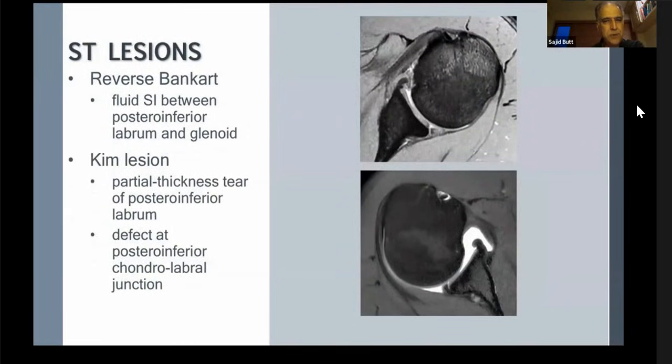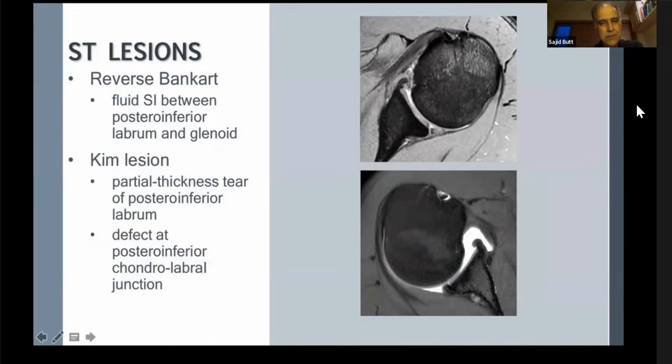In terms of soft tissue abnormalities, again, everything happens like it happened for the standard Bankart lesion, but on the opposite side. So you've got a fracture of the glenoid labrum at the back. That's an axial image, that's the front, that's the back, and you've got a fracture there. On the front, we had the Perthes lesion.